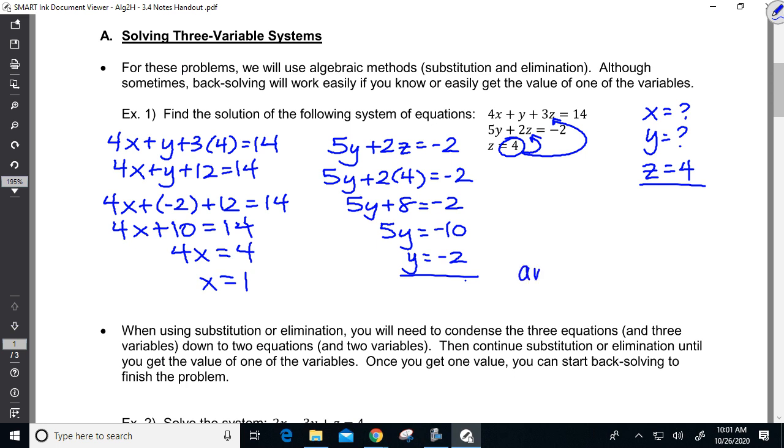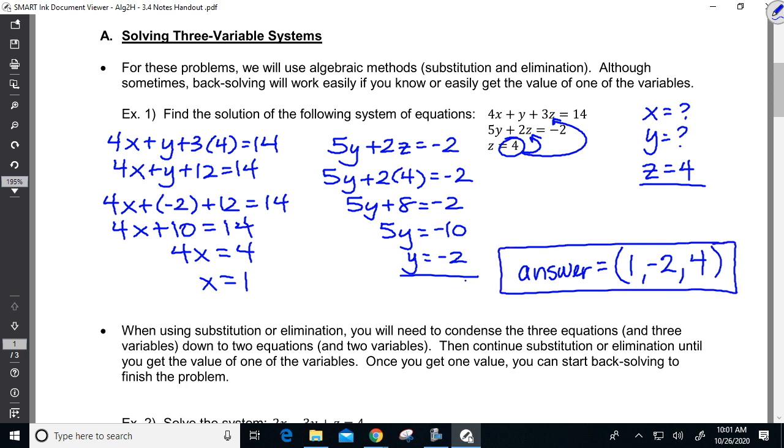So your answer, if we write this correctly, is (1, -2, 4). That's that problem.